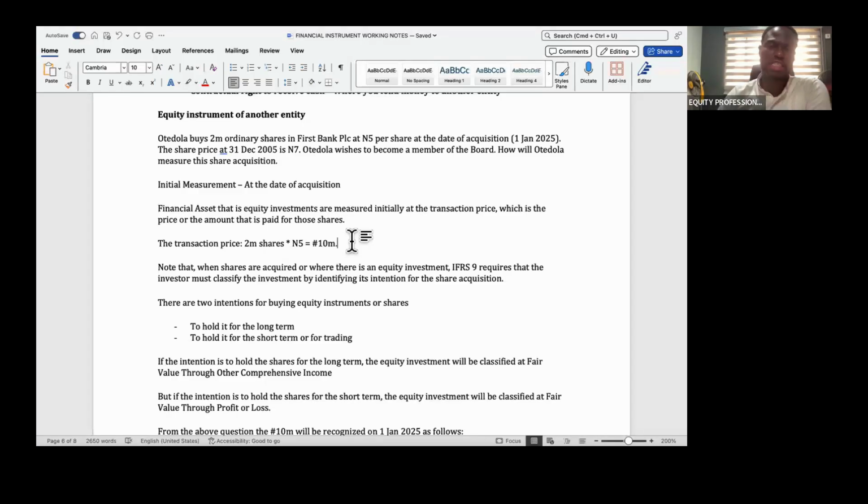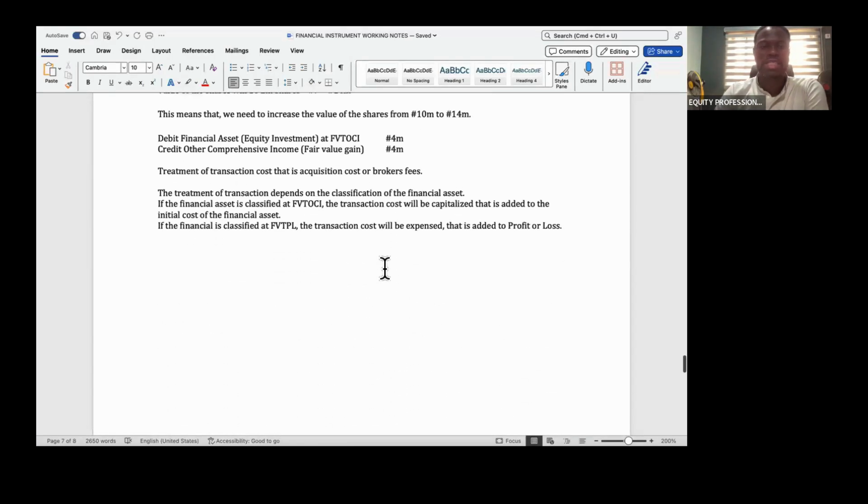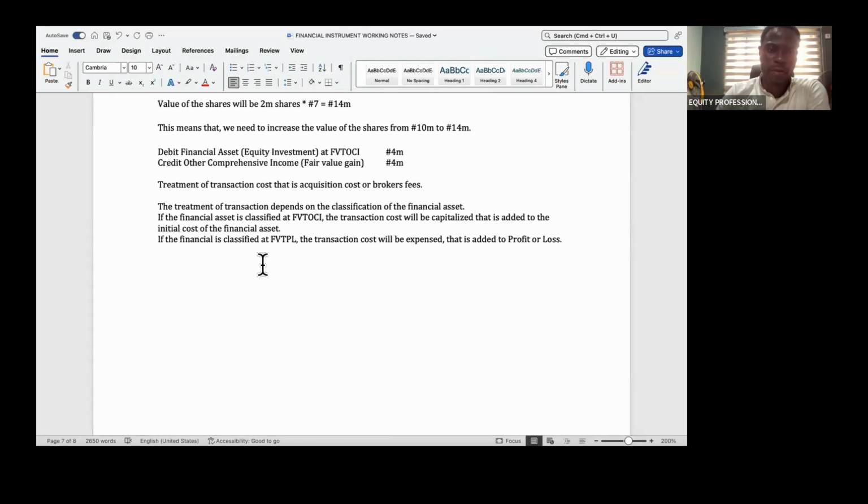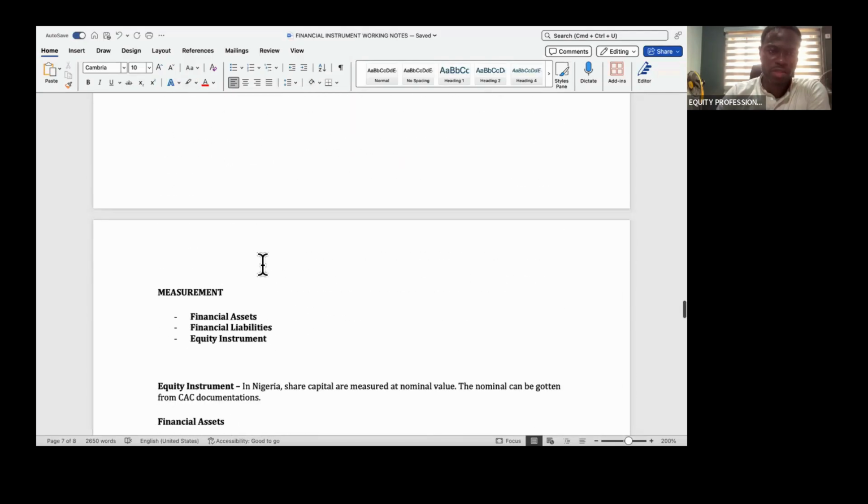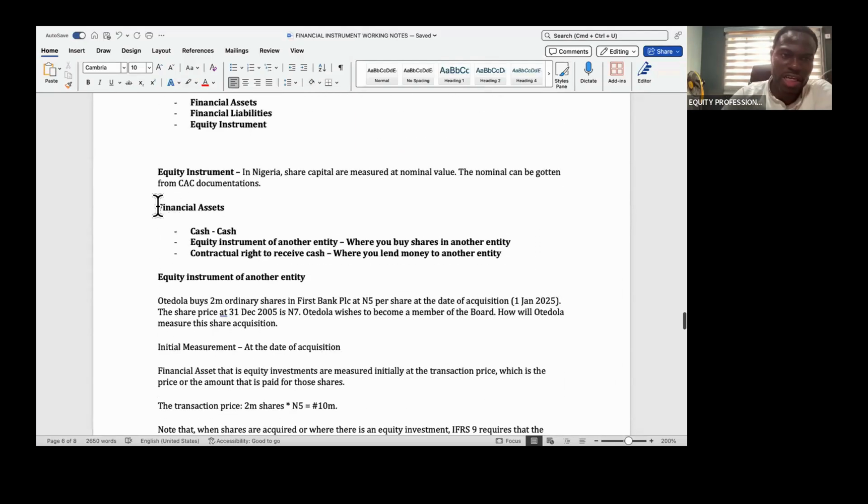So when an equity investment is classified at fair value through OCI, the transaction cost will be capitalized. But if it is classified at fair value through P or L, the transaction cost will be expensed. So that's how it works. So that is the end of equity investments.